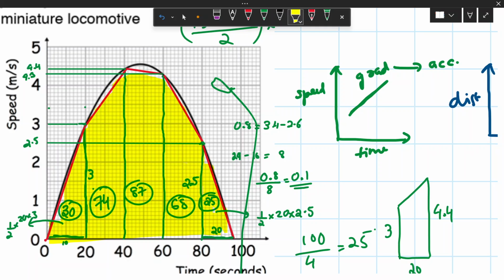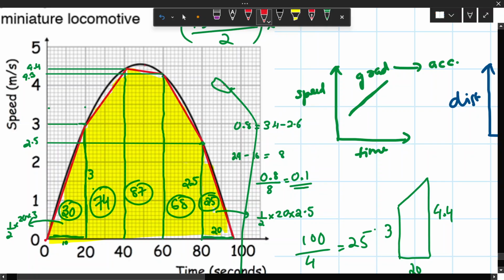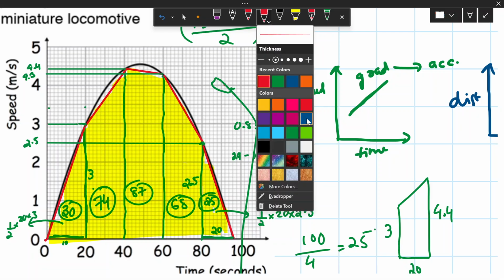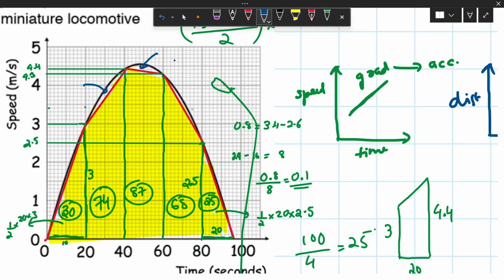If you notice this area, and if you can zoom in, you will find bits and pieces that we've actually left out while we try to find the area.